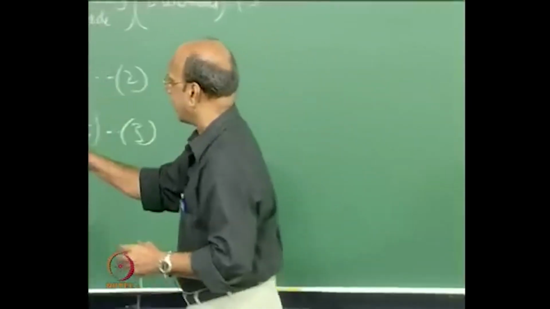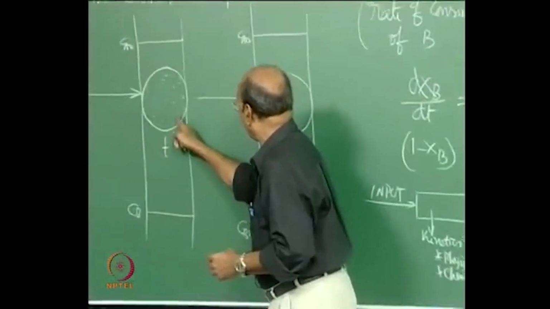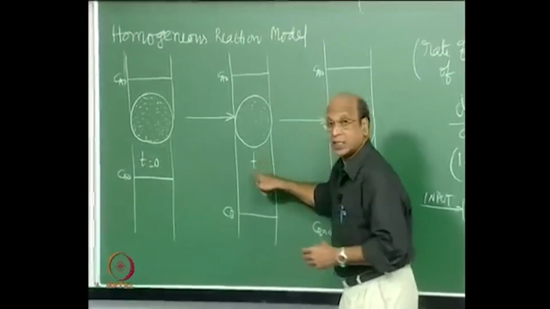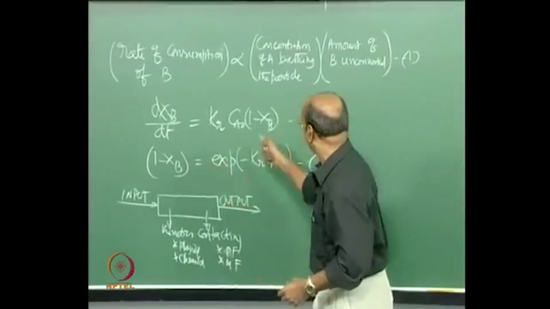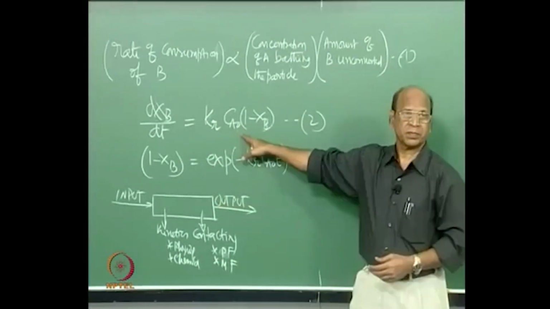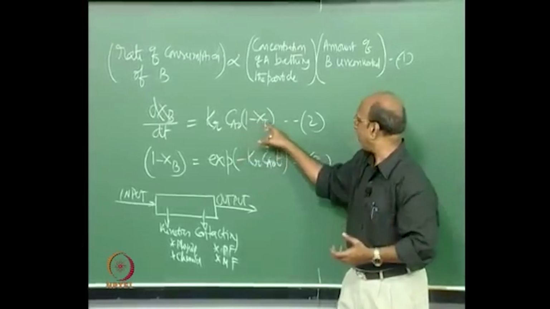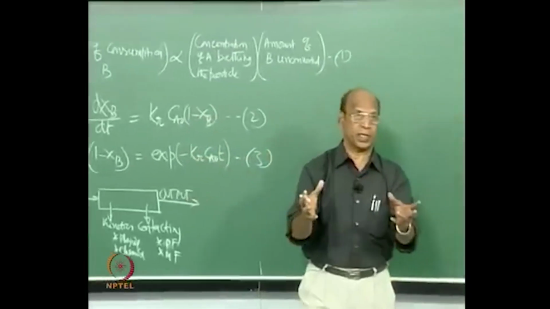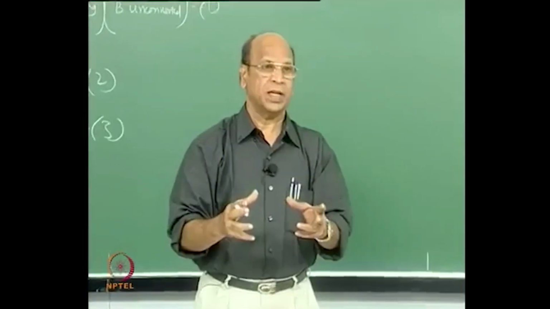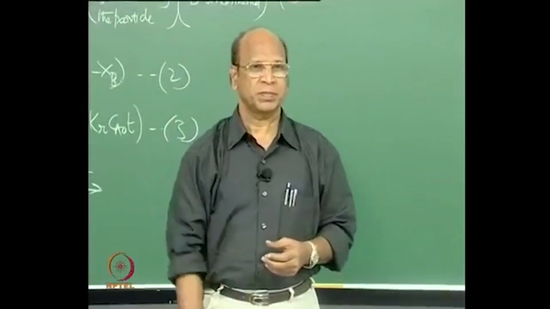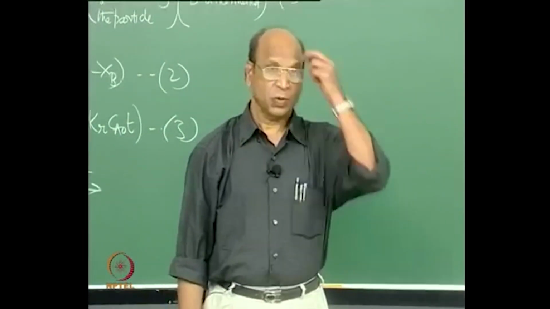So, at any point here inside, what is the corresponding Ca and then Cb, and then the equation is again the same. This is no more constant. So, every time I have to find out what is the average conversion throughout the particle, what is the average concentration of A throughout the particle, then I have to integrate. Okay.